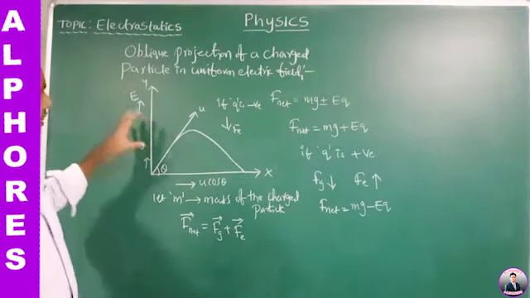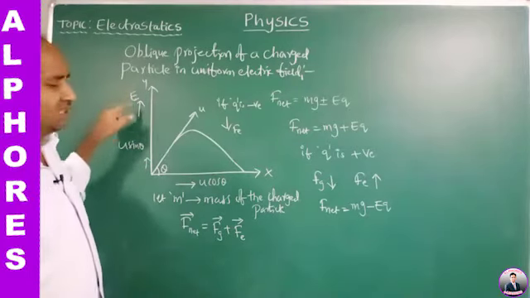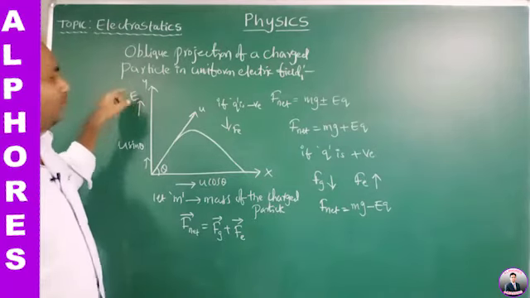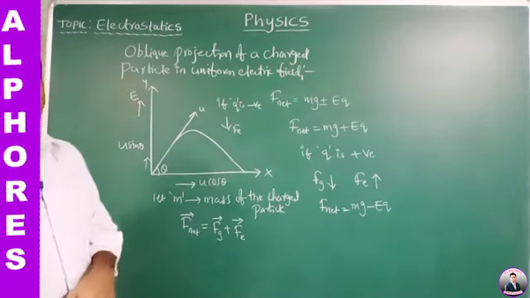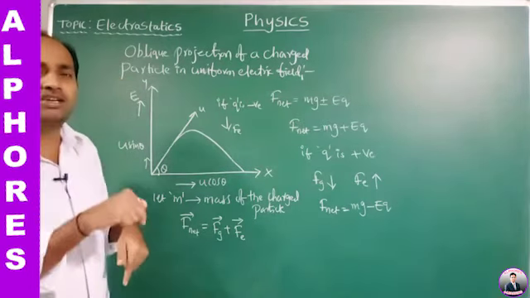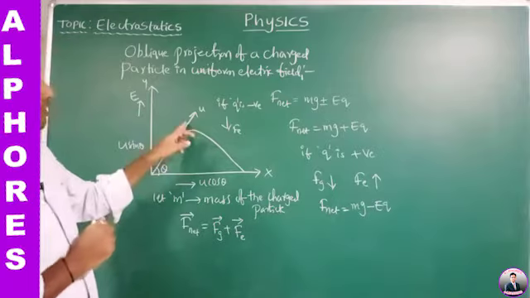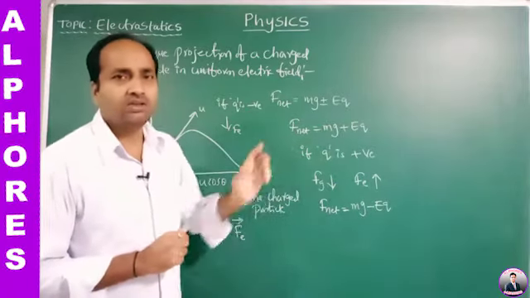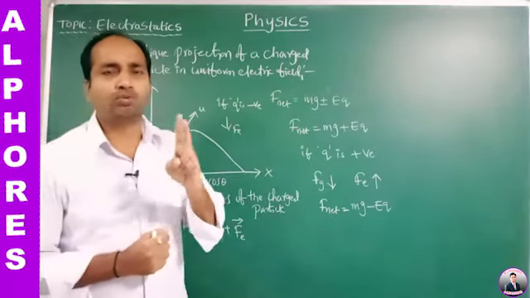This is the condition where the electric field is applied upwards. But if you change the direction of electric field, suppose the electric field is directed downwards, then these signs are reversed. So you should remember two points.